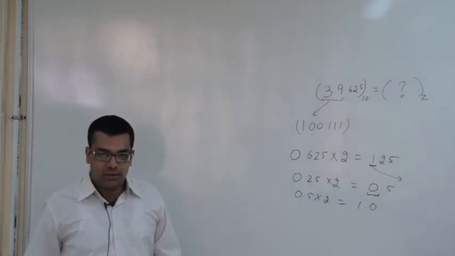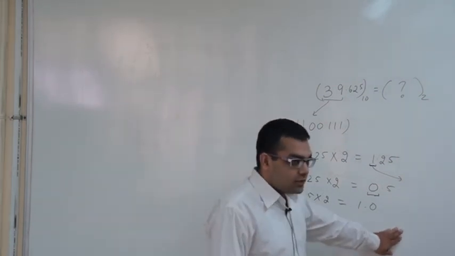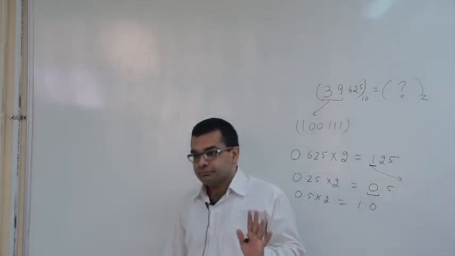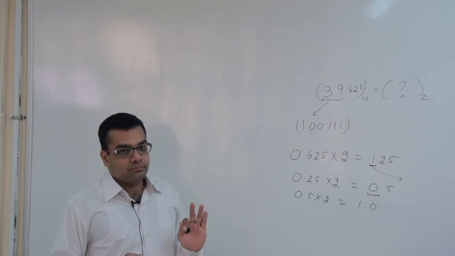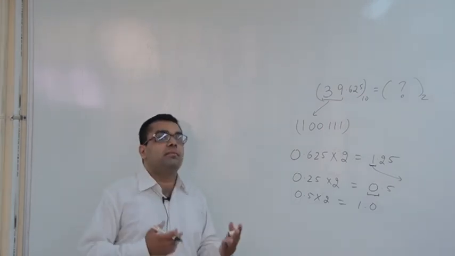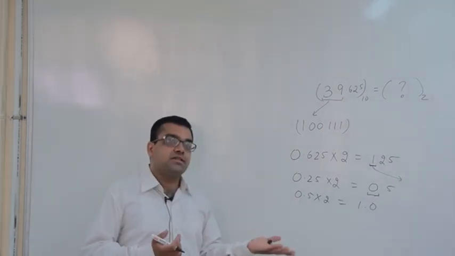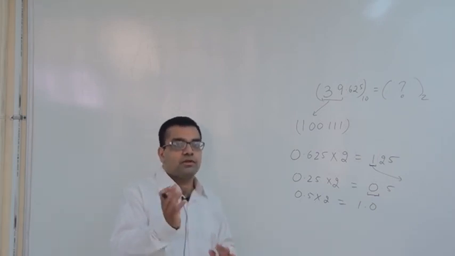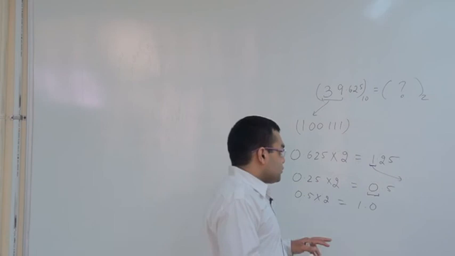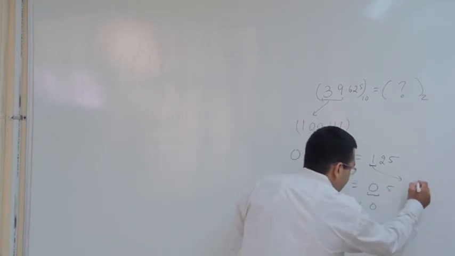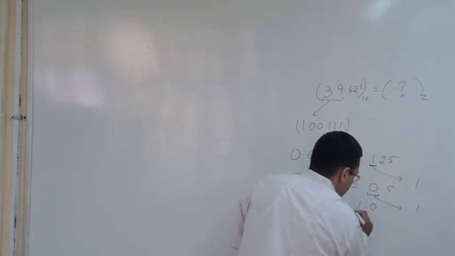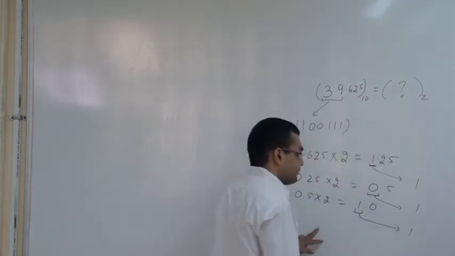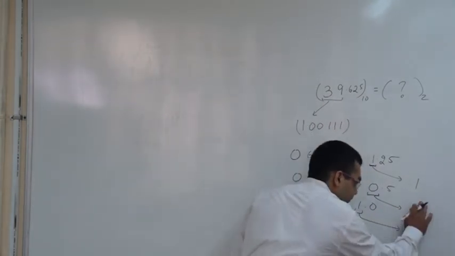Now we are exhausted. After the decimal, no number is left, so we stop. In case we keep on multiplying and still there are some digits after the decimal, we take a certain number of places, 3 or 4 places of the decimal. So now we have accumulated 1 from here, 0 from here, and again 1 from here.